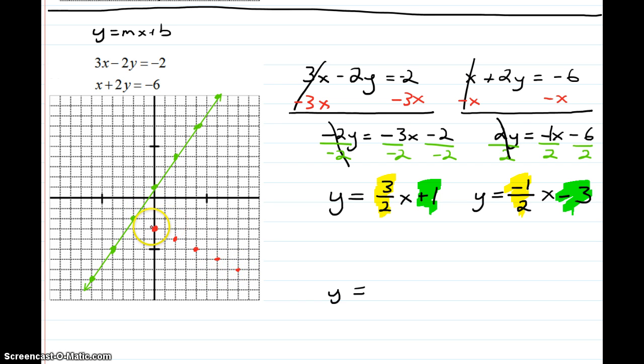So go back to your y-intercept and do the opposite. Go up 1, back 2, and you can see we land right on that dot, which is what we wanted. And now we can draw our line. And so our lines do cross.